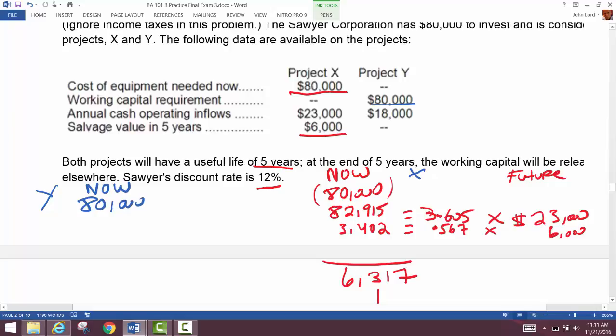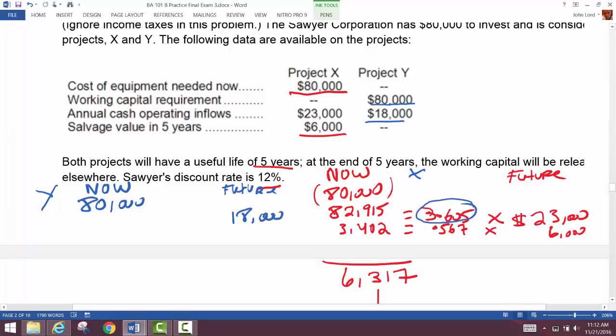80,000, okay? And then we're going to get in the future these cash flows of, what is it, 18,000? Okay, so it's going to be 18,000 for 5 years at 12%. So we should be able to use that same factor, right? I don't have to go back to the table, do I?